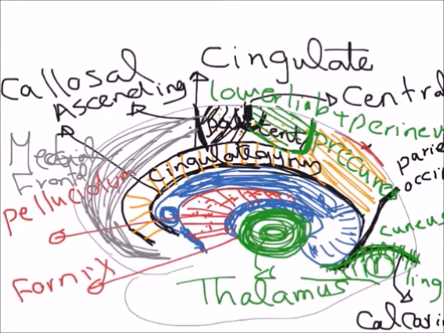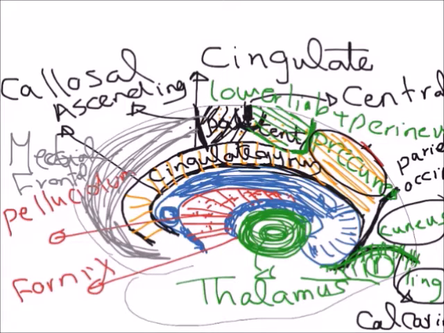So the important gyri which are situated on the medial side of the brain are the lingual gyrus here, below the calcarine sulcus, and this triangular area, which is the cuneus. It's lying between the calcarine and the parieto-occipital, and this quadrangular area here, which is the precuneus, just in front of the cuneus, between the parieto-occipital fissure and the terminal part of the sulcus cinguli.